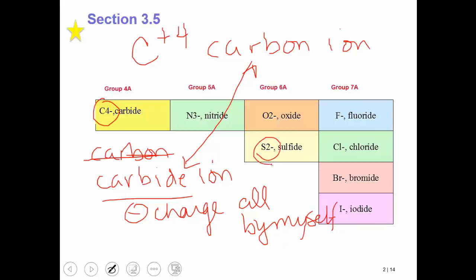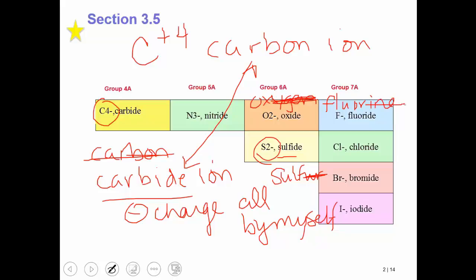So here you'll have sulfide, sulfur -2, okay? Sulfide. The element root then for sulfur, and these are just kind of historical, is going to be sulf. Oxygen, the element root is ox, so this is why it's called oxide. These ones are pretty easy. Fluorine, just get rid of INE and add ide.